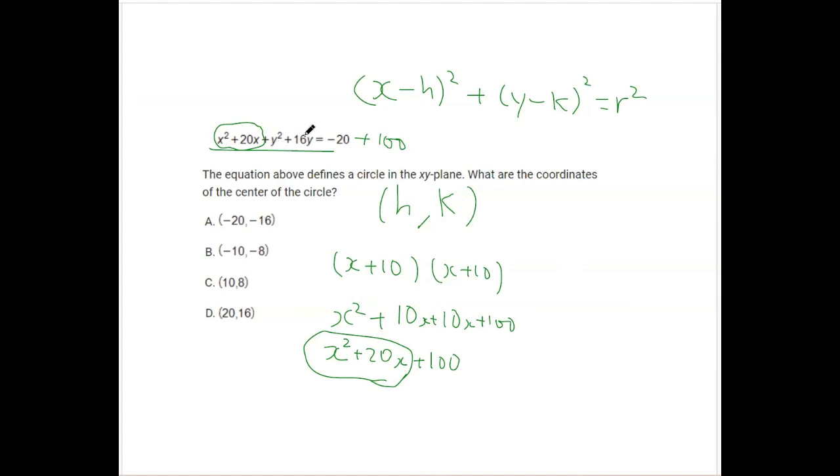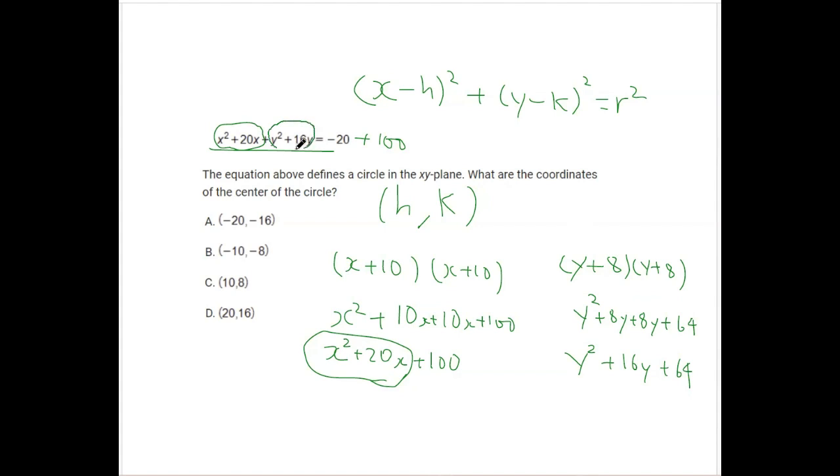For y squared plus 16y, two same numbers, if I add up, need to be 16. So if I go like this, it becomes y squared plus 16y plus 64.